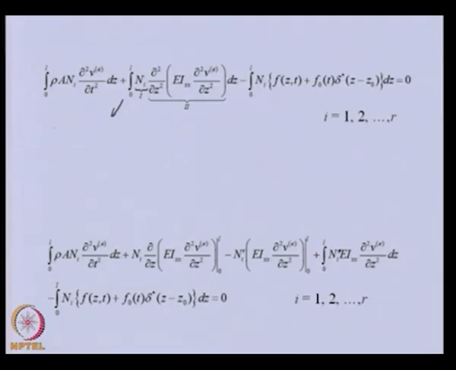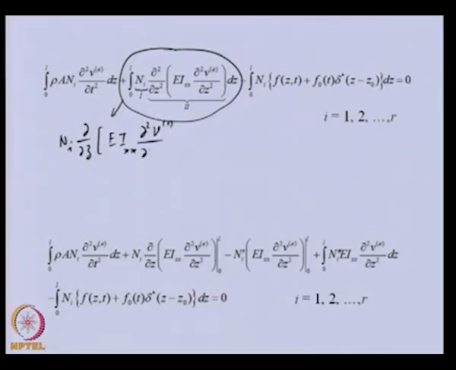If we do the integration by parts of this particular term, this will be the first part, times the integration of the second part, with limits 0 to L. We are doing this over the element length, minus integral 0 to L of the differentiation of this first term, with differentiation with respect to z written as prime.